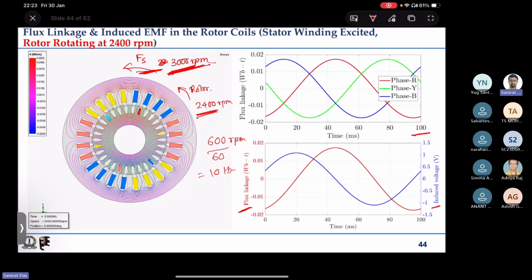And say if it is running at 2400 rpm, then also there will be continuous torque production, because both magnetic fields will start rotating at the same speed because of induced EMF, basically electromagnetic induction happening in the rotor coils. So that is all.